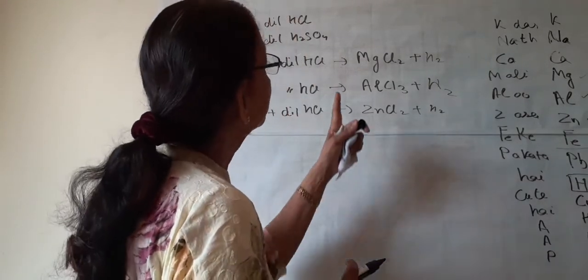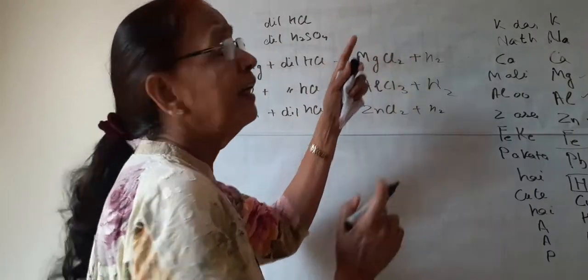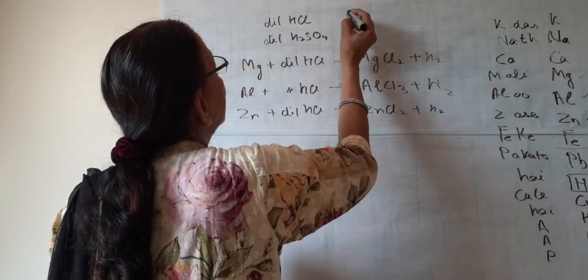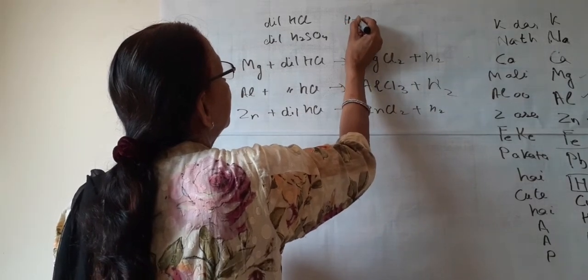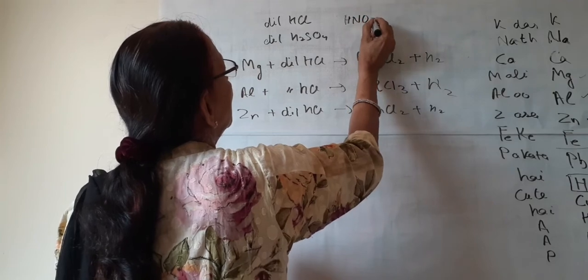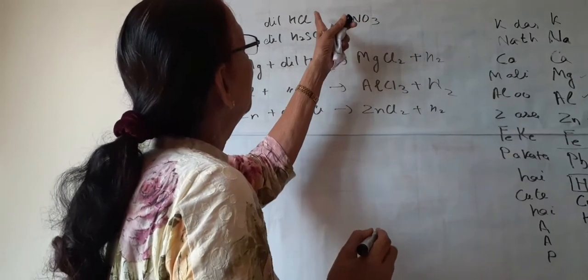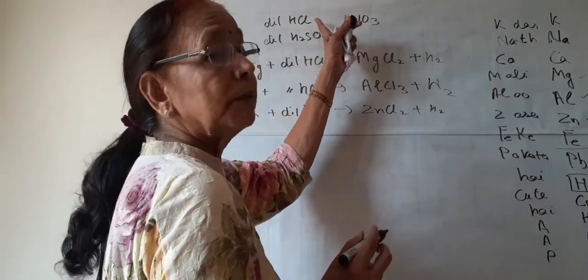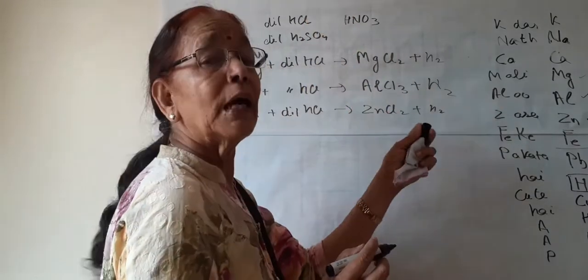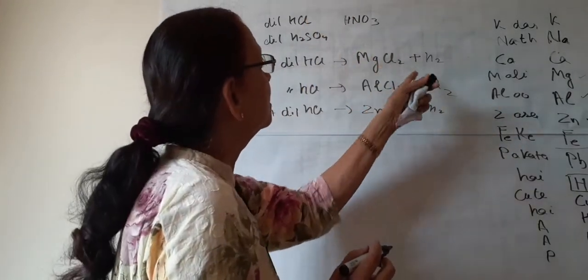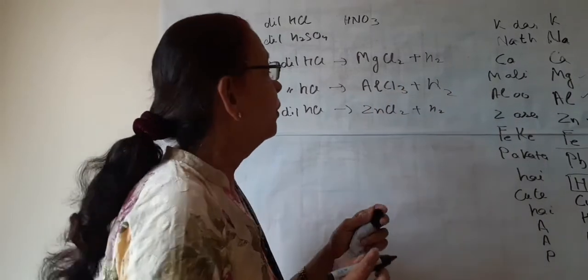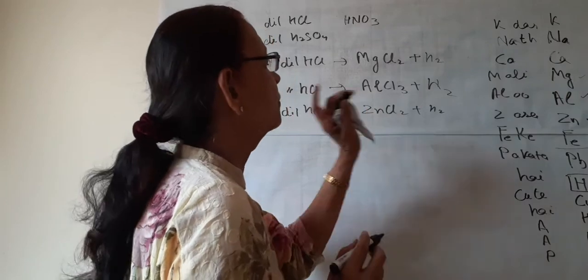I have not taken here the third acid, nitric acid. Nitric acid is also a mineral acid, HNO3. I have taken only hydrochloric and sulfuric. The same reactions occur with sulfuric acid: MgSO4, Al2(SO4)3 and ZnSO4.